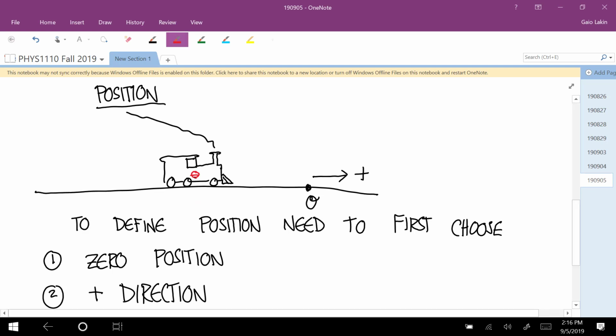and with a particle, you always have to represent it by a single point. So I'm going to choose that red point, the center of mass. And let's say that this distance is 20 meters. Then what's the position of the train at that point? Yeah, the absolute value is 20 because that's how far it is from 0. And you don't get there by starting at 0 and going in the positive direction, you go in the negative direction.